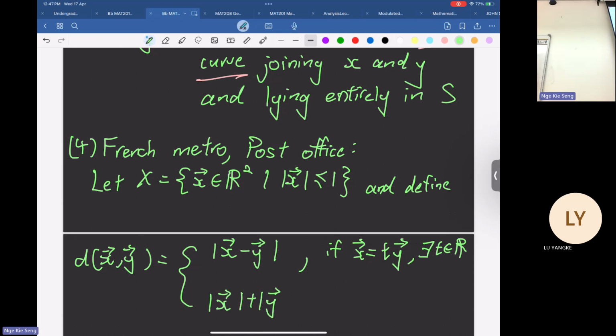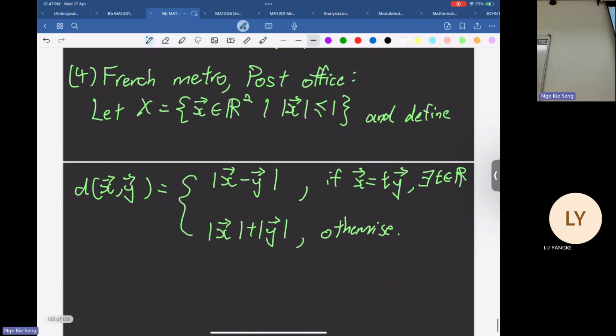Can you imagine what this metric is doing here? If it is on the line, a scalar multiple, then I take their difference. If it is not, I add up their lengths. Can you imagine what this is doing?